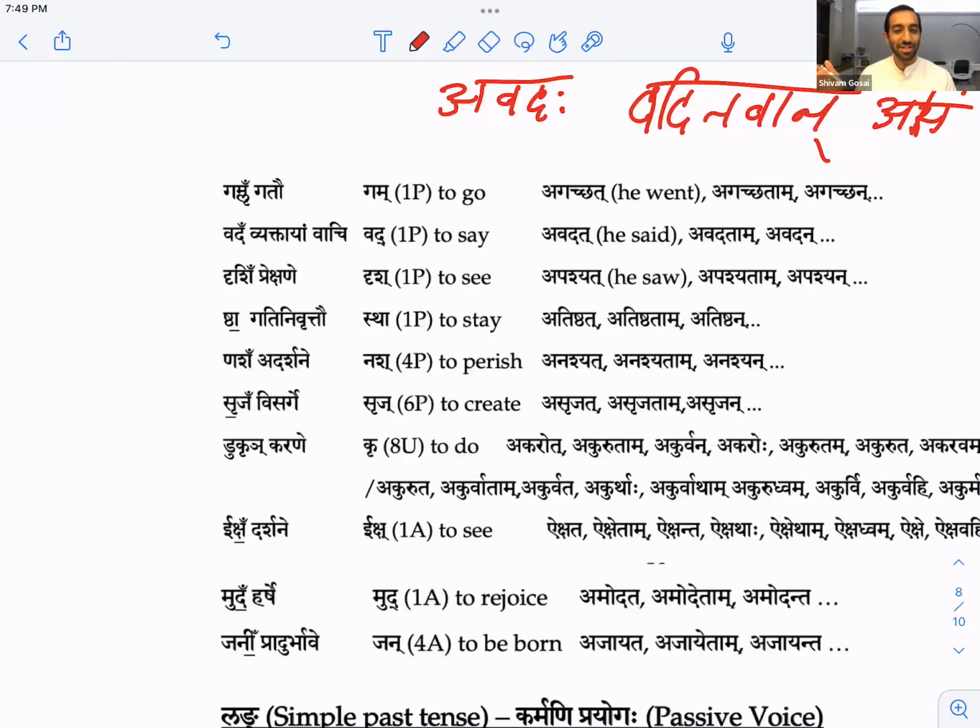I think I made it much more difficult because I did it unfamiliar. So my whole point is that usually you just give Pratama Purusha Ekavachana. Or you give any of the Pratama Purusha, right?